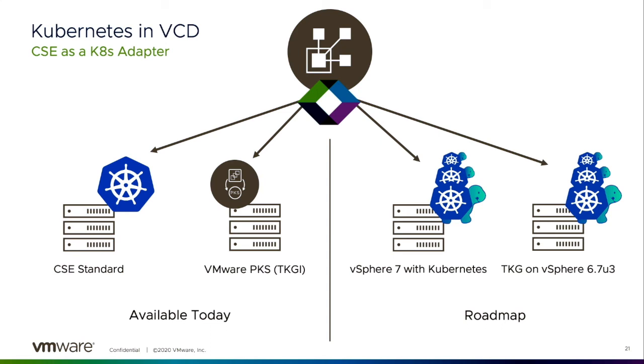As I mentioned earlier with respect to CSE, if you think of CSE as our Kubernetes adapter, on the left today it supports CSE standard and VMware PKS or Tanzu Kubernetes Grid Integrated as Kubernetes endpoints, and we also envision that this will allow us to onboard these additional new Kubernetes runtimes in vSphere 7 with Kubernetes, as well as TKG standalone with CSE as the front end of the solution.